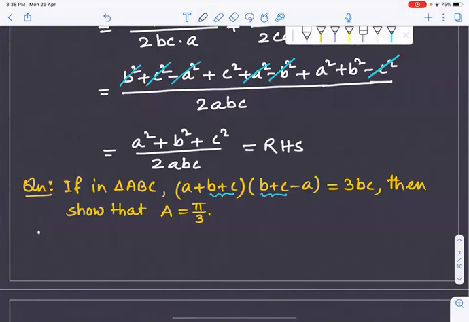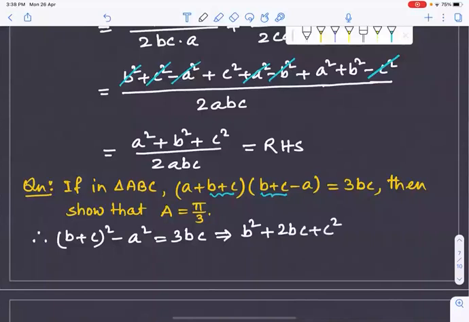So I get from the question B plus C whole square minus A square equal to 3BC, which implies B square plus 2BC plus C square, that is the B plus C whole square formula, minus A square is equal to 3BC, which implies B square plus C square minus A square.